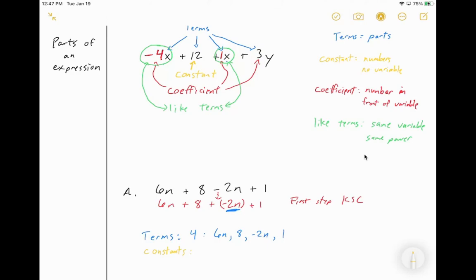That's going to help you a lot. Make sure you do this step right here, which is do your keep switch change. Okay, what are my constants? Let's check it out. What are my numbers? They're just regular numbers. We have positive 8 and positive 1. Those are my constants, right? Those are just regular numbers.